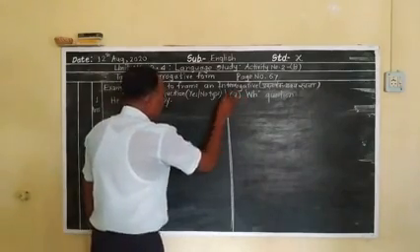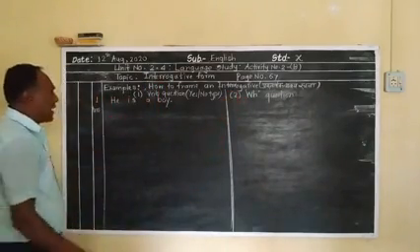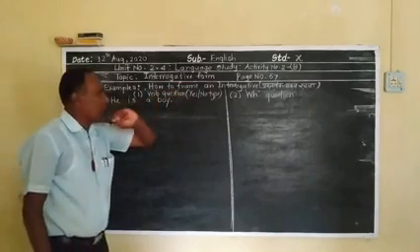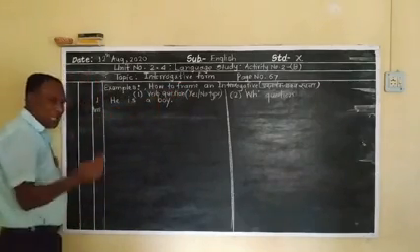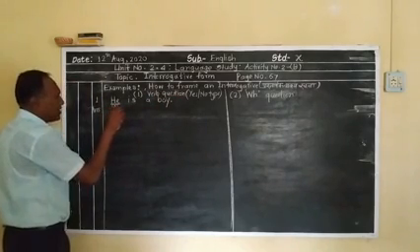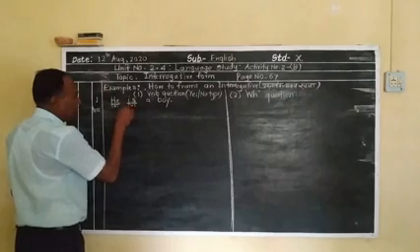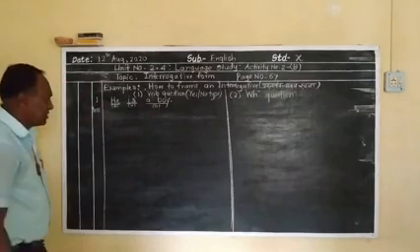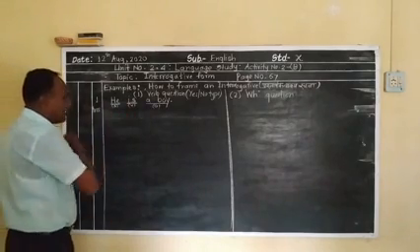Second type. He is a boy. It's an assertive sentence. How to frame an interrogative? Look at the blackboard. He is the subject, is the verb, a boy is the object.